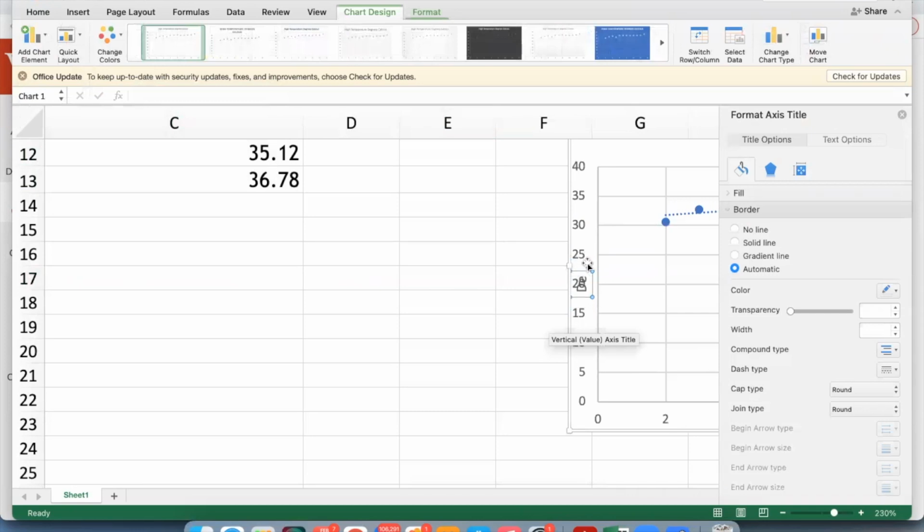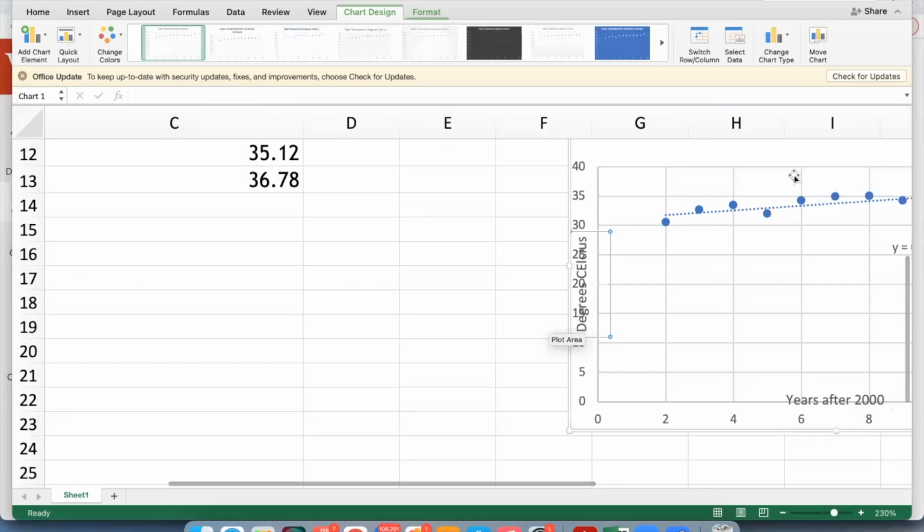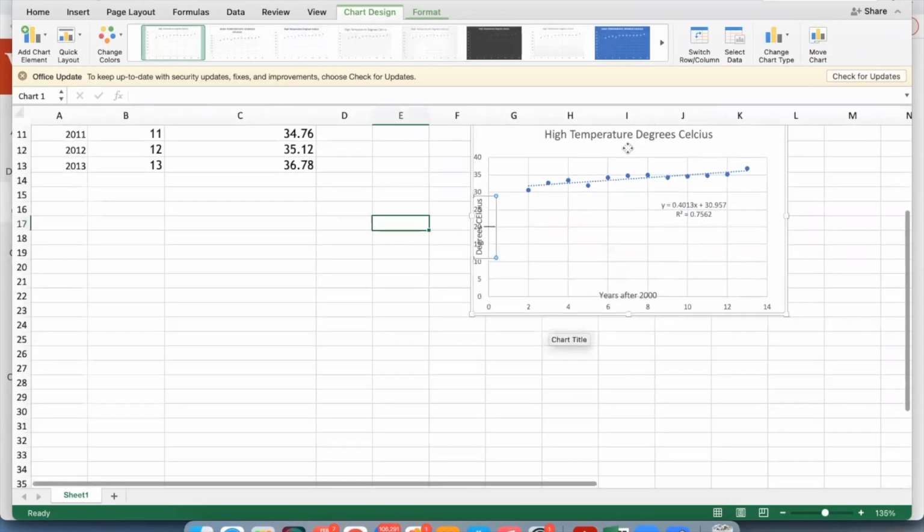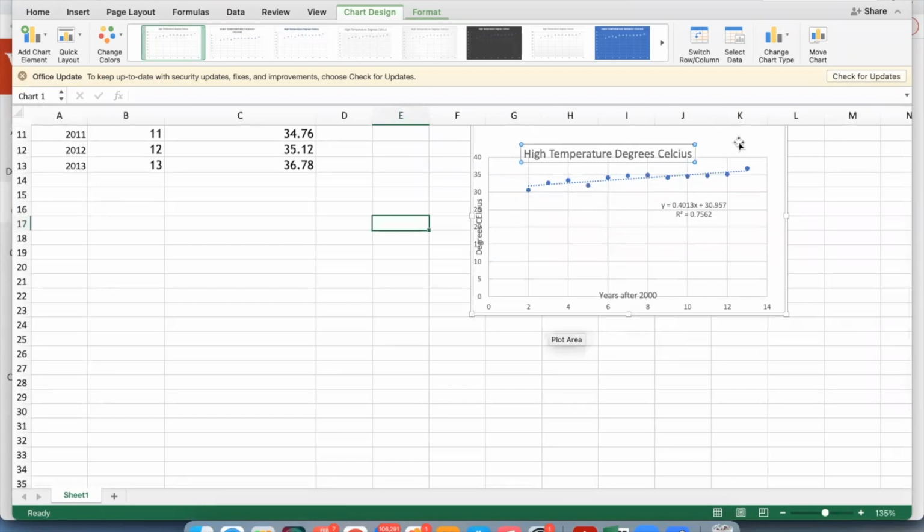Was degrees Celsius. Okay, so now I've got a beautiful scatter plot with my trend line on it.